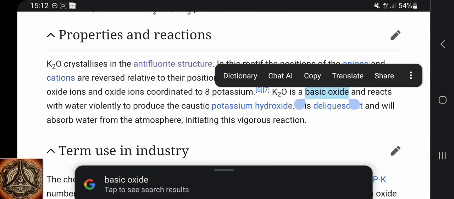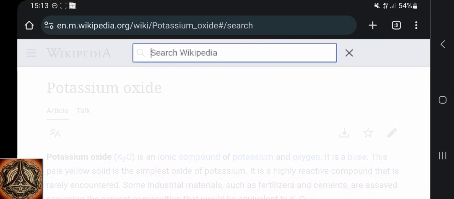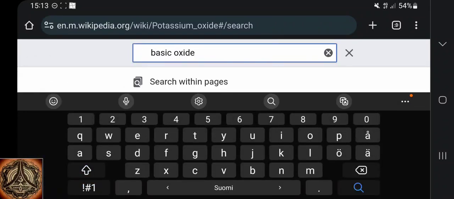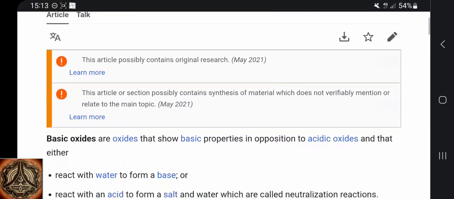Now let's put this into the search here. Basic oxide.